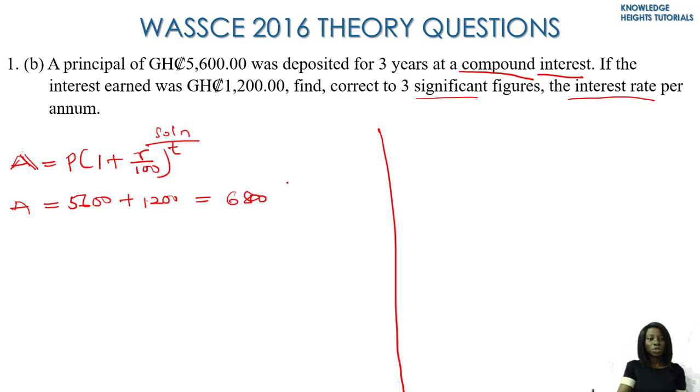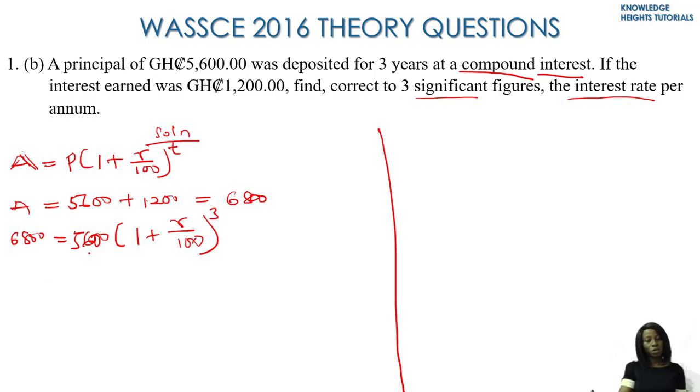So let's substitute this into the formula: 6,800 is equal to the principal, which is 5,600, into bracket 1 plus the rate, which is what we are looking for, all over 100, exponent the time. The time is 3 years, so exponent 3.